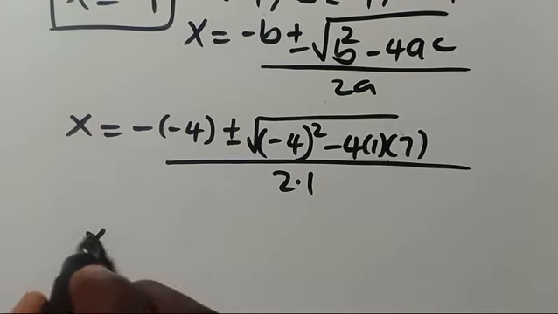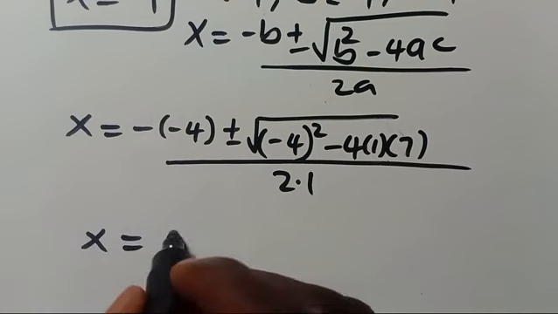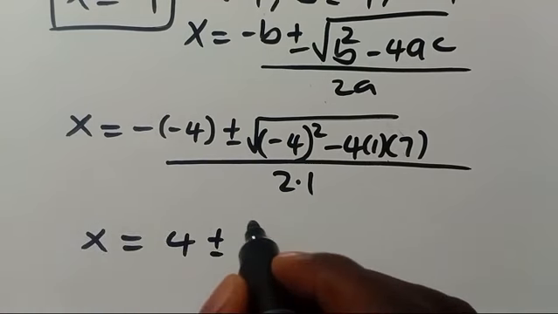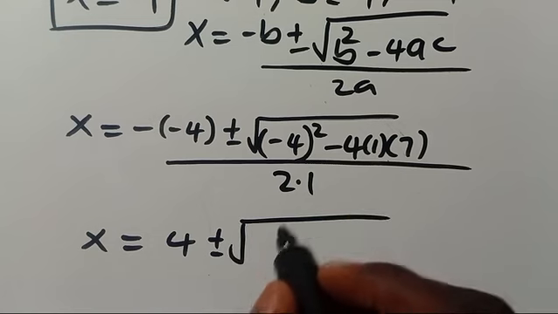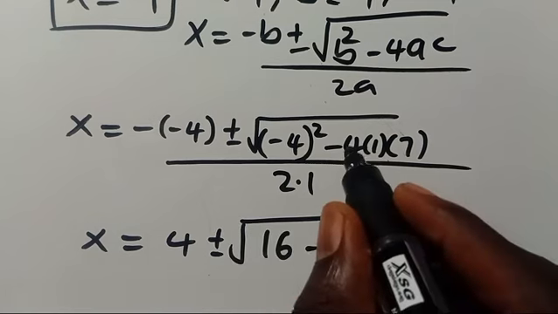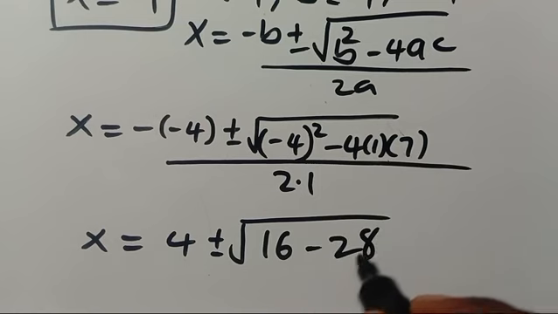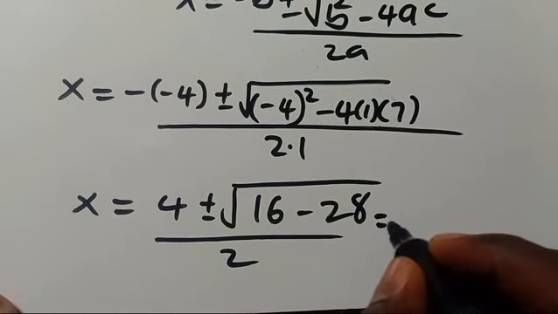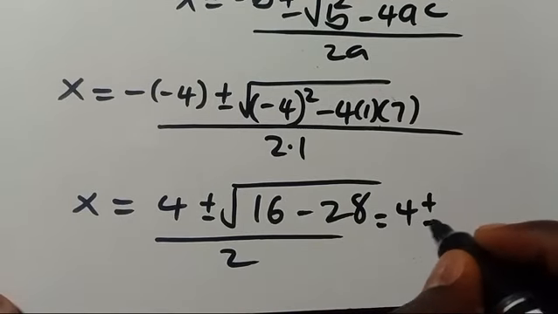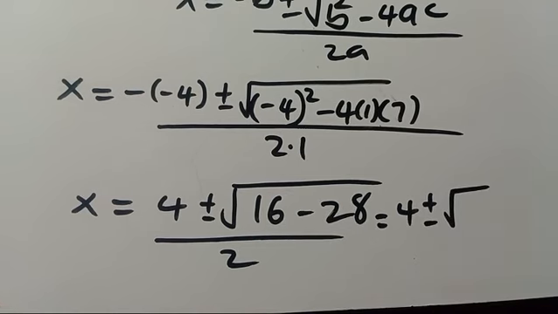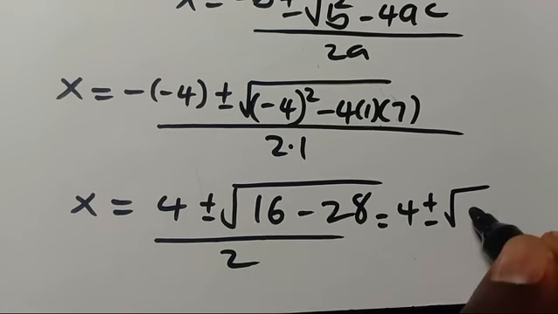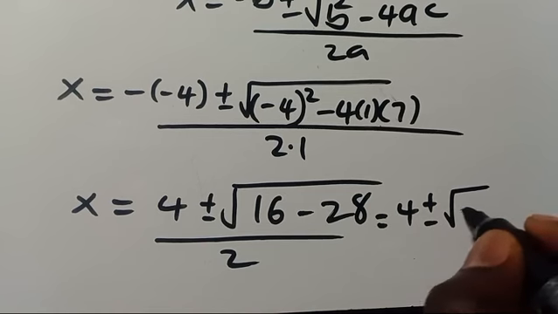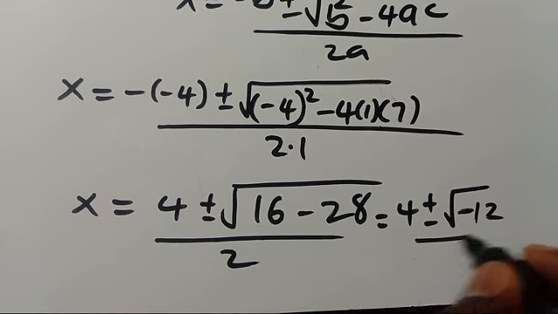So from here we have x, minus times minus will be plus 4, positive or negative, root of this will be 16, minus 4 times 7 will give us 28, divided by 2. So this will be equals 4, positive or negative, root of 16 minus 28, we have it to be minus 12, divided by 2.